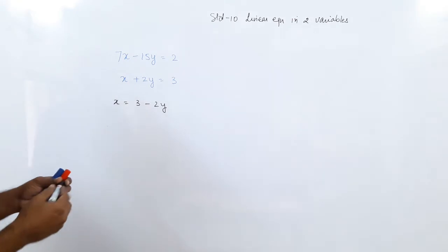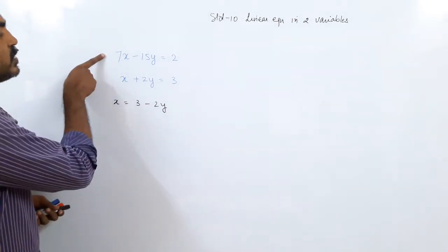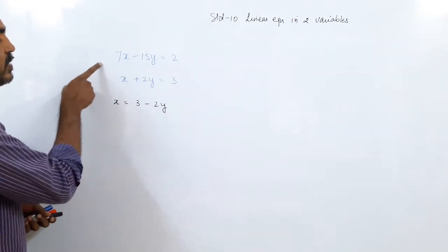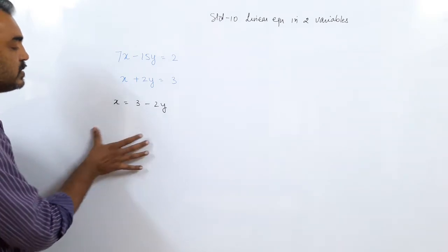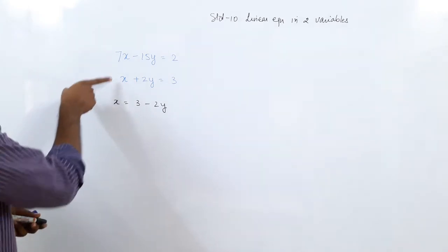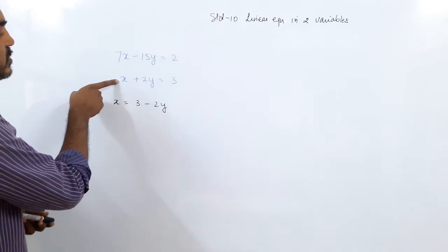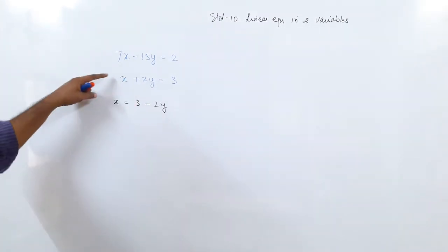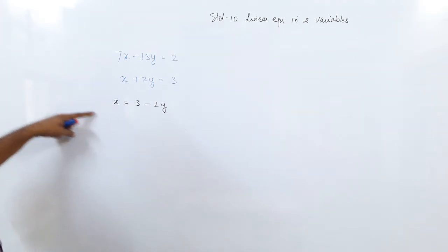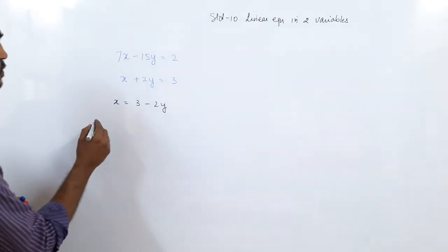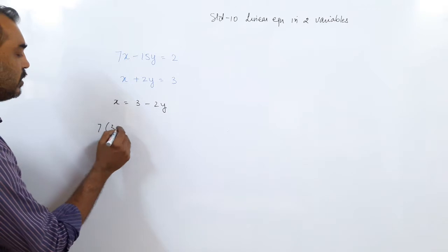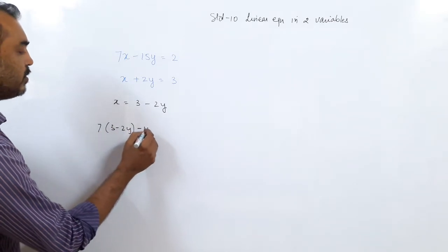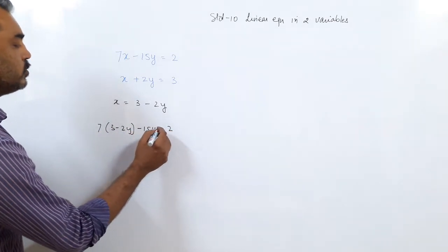So there is a choice for you. You can either take the first equation or the second, but take such a one that the value of x becomes very simple. So we have taken the x from the second equation this time because x doesn't have any coefficient. So x equal to 3 minus 2y. Now from the second equation I got the x which was replaced in the first equation. So the equation becomes 7 into 3 minus 2y minus 15y equal to 2.